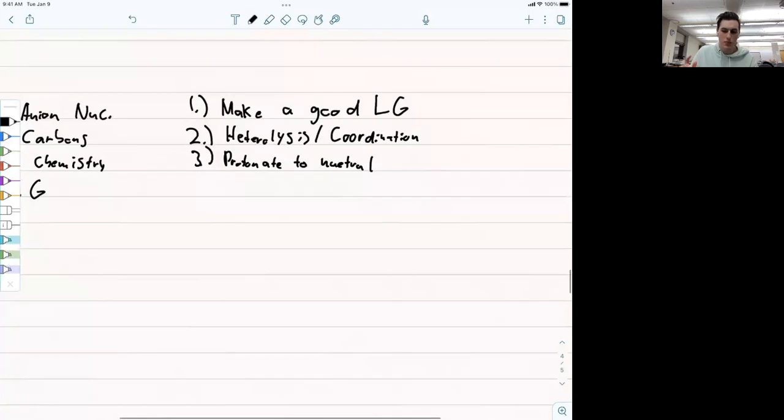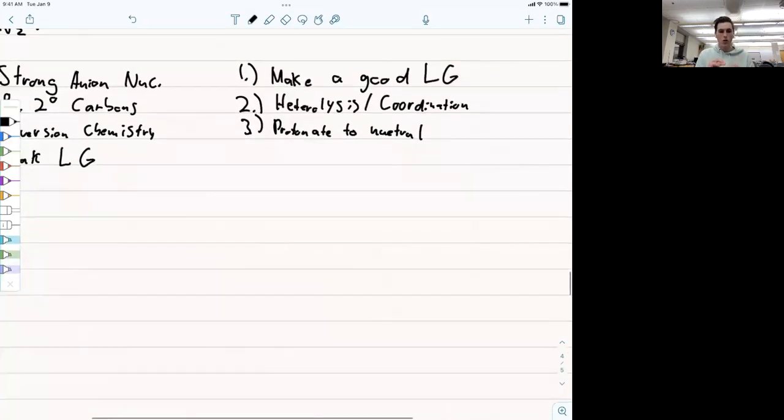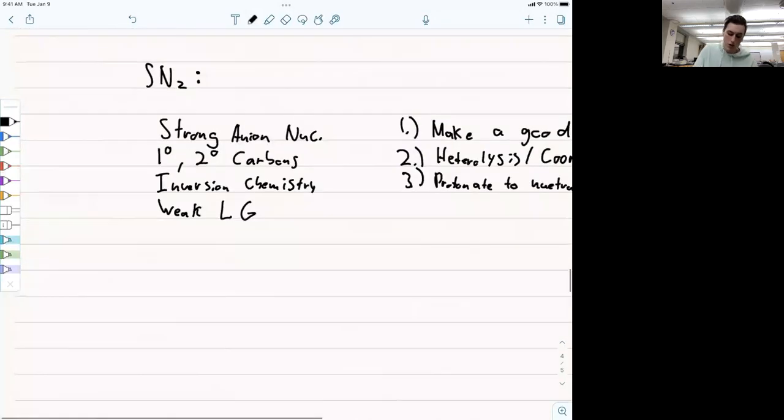Yep, someone said heterolysis is bond break. Coordination is bond formation. So whenever we're drawing our mechanism, we're just making sure that we're doing bond break and bond formation. And in SN2, it's a concerted mechanism.